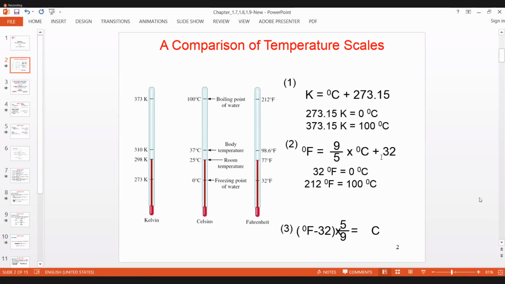This is the formula. If you want to change Fahrenheit to Celsius, suppose you have 30 degrees Fahrenheit, changing to Celsius, you will use this formula.